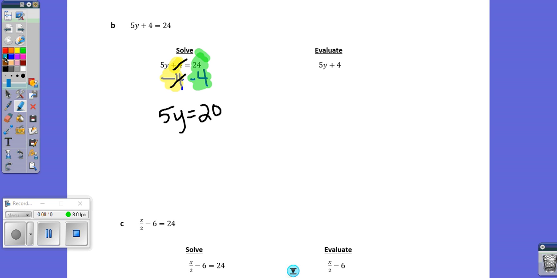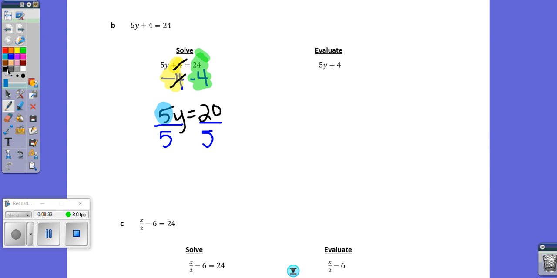number 5. You'll notice 5 is being multiplied by y. So we are going to divide both sides by 5, right? Multiplication and division are inverse operations of each other, so that's why they cancel out.